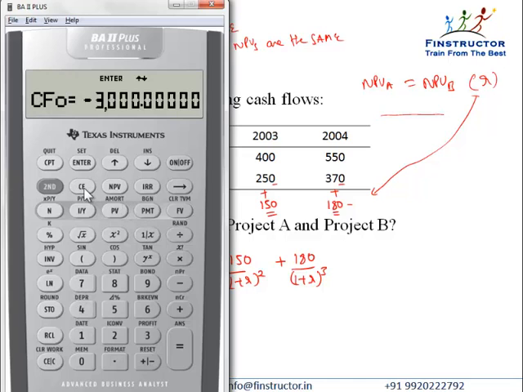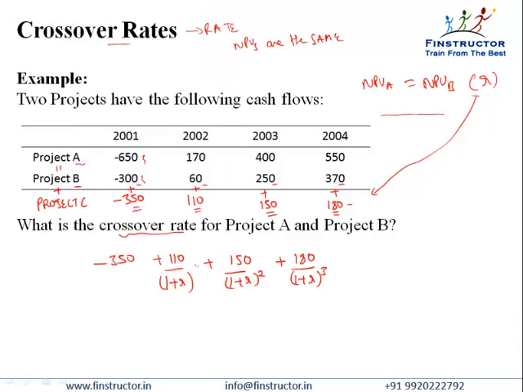So go back to your cash flow sheet again and first clear work. The initial cash flow will now be entered as negative 350. Scroll down. The difference between the first year's cash flows is $110.